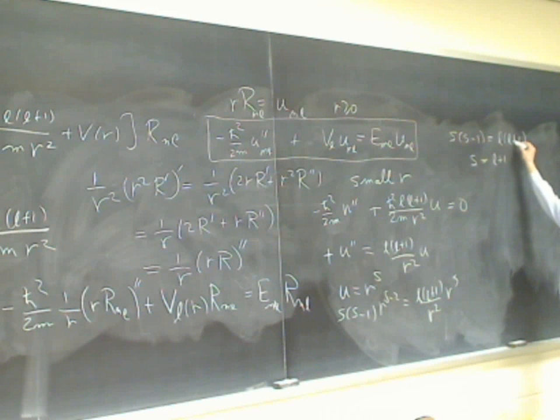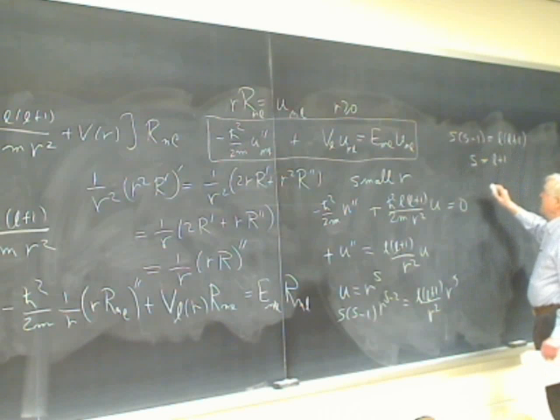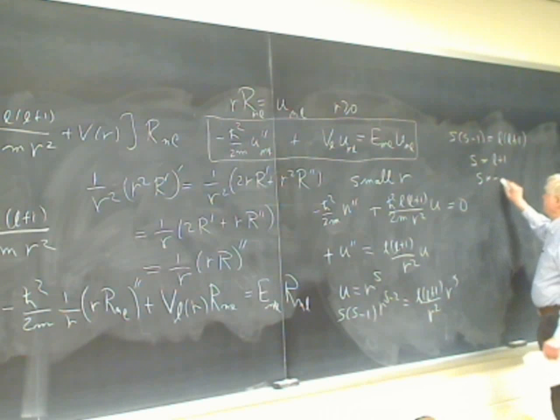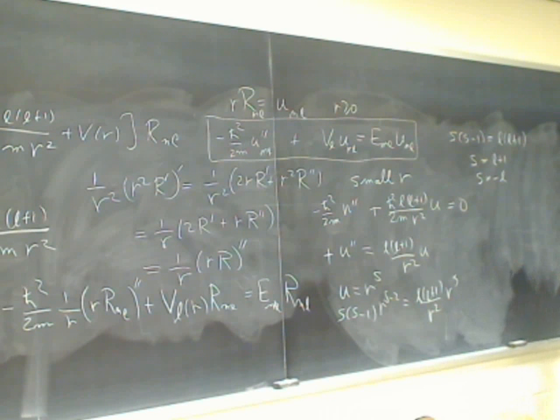Because the other solution is s equal to minus l. But this is a singular solution, and so we're not going to take that solution. So u n l of r goes as r to the l plus 1 as r goes to 0.